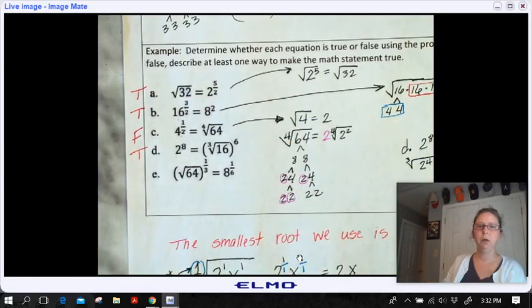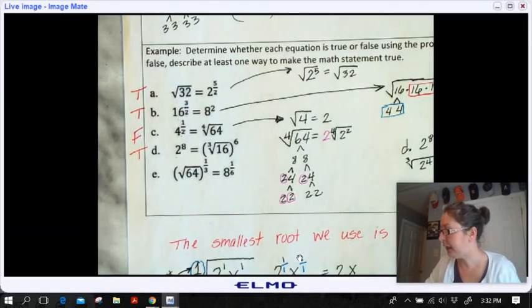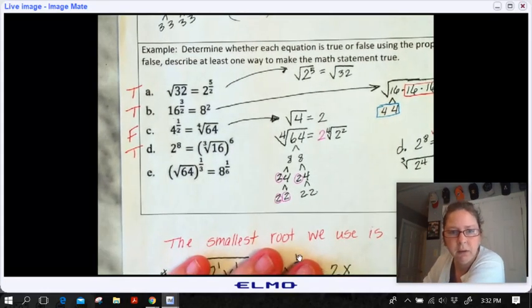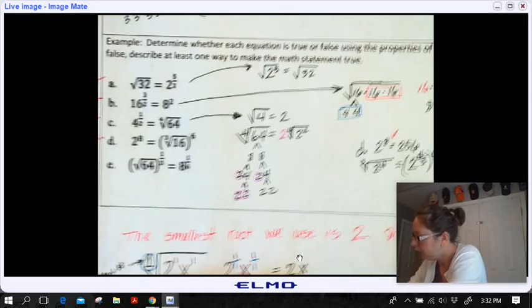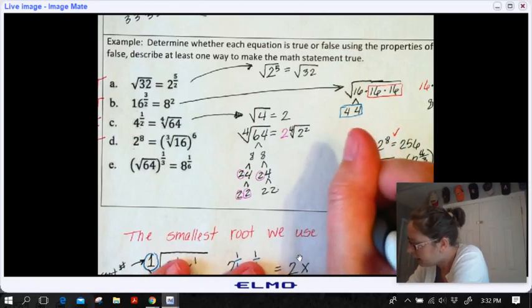D is true. Now let's look at part E, and then we're done for today. So I have the square root of 64 to the 1/3 power. Okay, so this is E I'm breaking down.